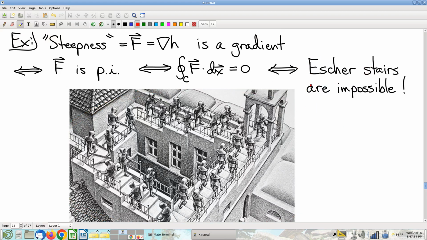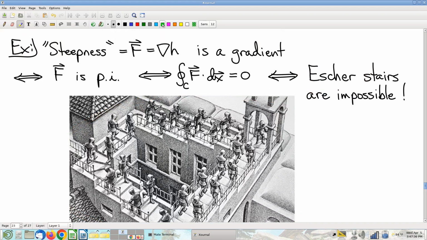Okay, so let's get to the example. I'm going to talk here specifically about the steepness vector field. Let's talk about this vector field for a second. It's the gradient of the altitude function. If you think about the graph of the altitude function, you're basically looking at the hillside or the topography of your landscape.